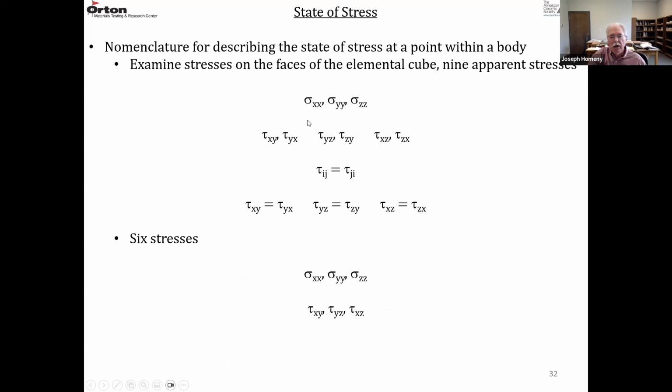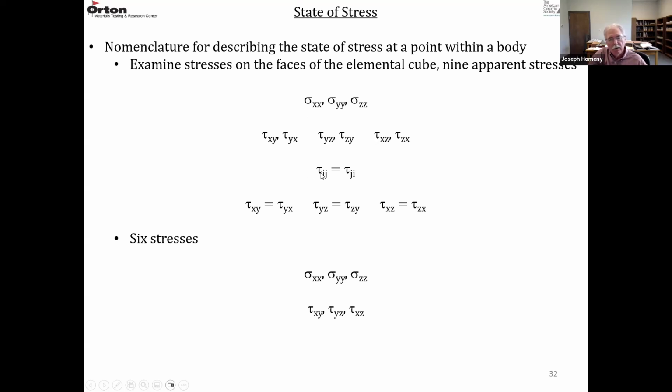So when you look at those stresses, it appears there's 9 apparent stresses: sigma xx, sigma yy, and sigma zz, the 3 normal stresses, and then there's 6 shear stresses. Tau xy, tau yx, tau yz, tau zy, tau xz, and tau zx.